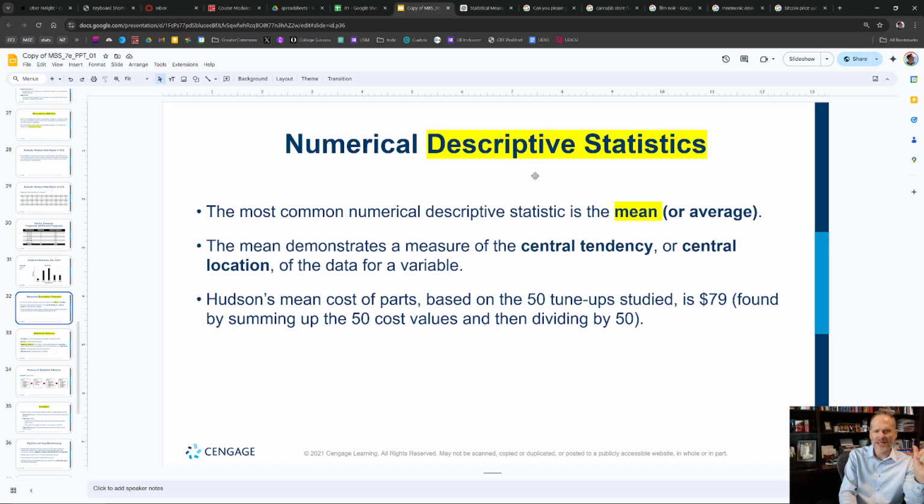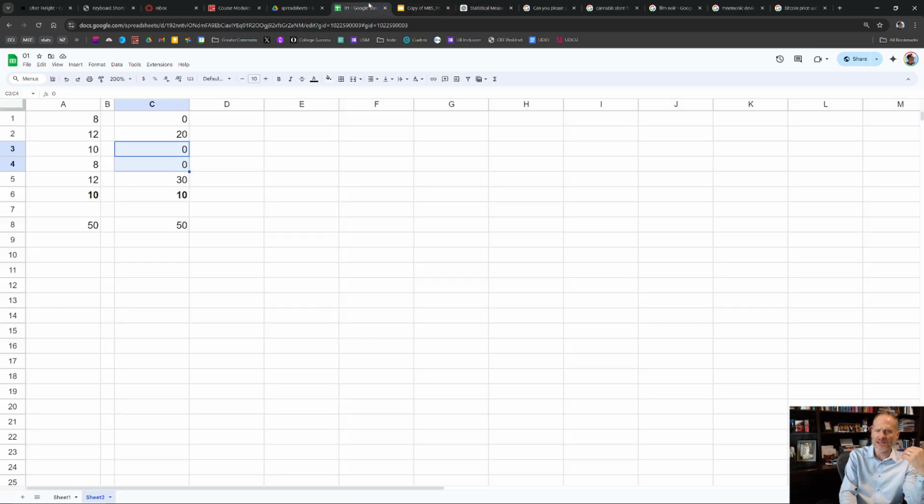So anyhow, that's a numerical descriptive statistic, the mean or the average, and you start to get some insight into data: what's the average number of sales they do each day? What is the variance, right? How much does it vary around the average, the mean? How much does it vary around the mean? And that variance is also really good insight to let us see who's more consistent, who's less consistent.